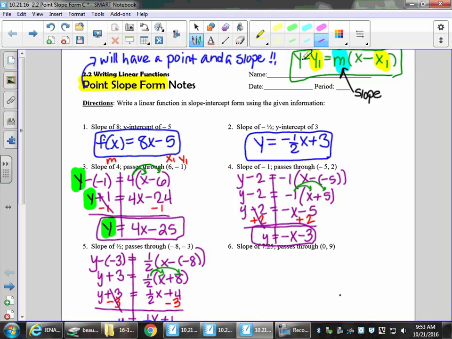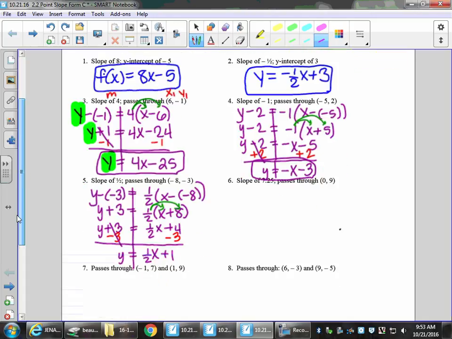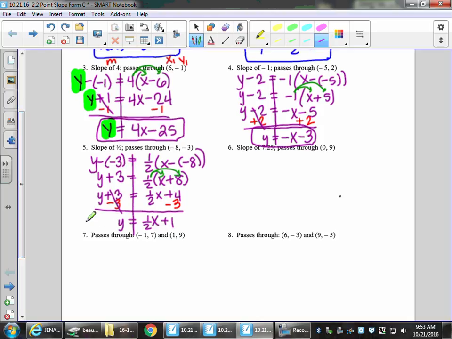Y minus whatever the Y value is. Well, the Y value itself is negative. So that's why it's Y minus a negative 3, which will become Y plus 3. Same thing over here, X minus X1. Built-in negatives. Who got the same answer as me? We'll give classmates a chance to catch up.